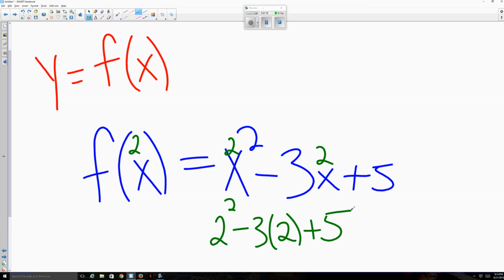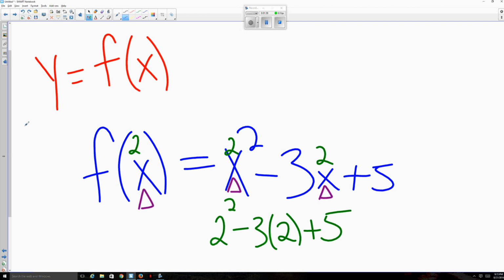So remember, the x's are placeholders. They can take the place of anything. I could put a triangle in here, and then we'd have a triangle here and a triangle here.